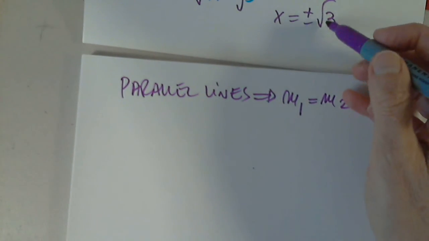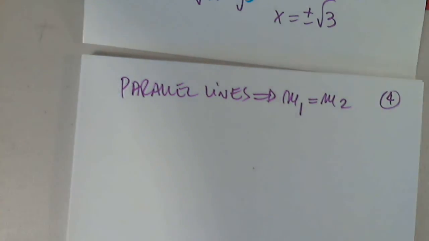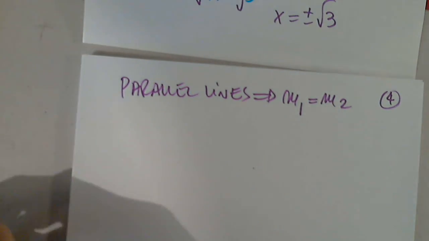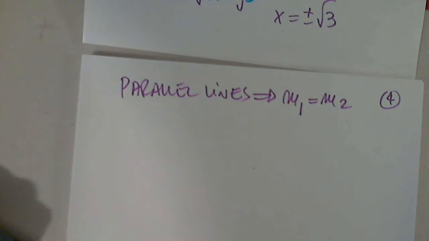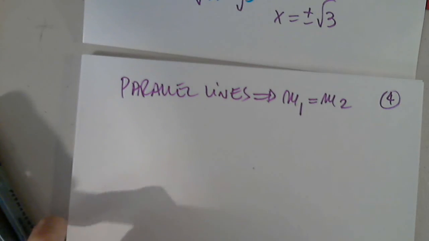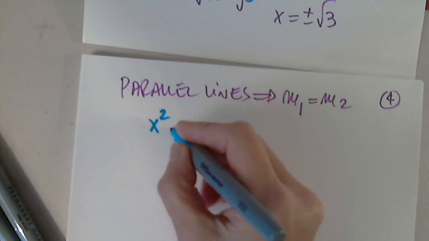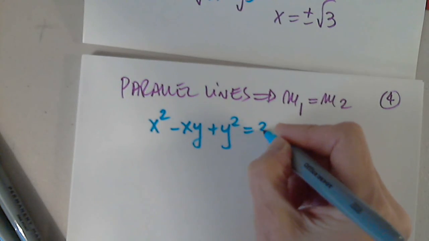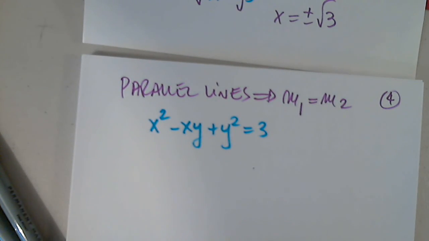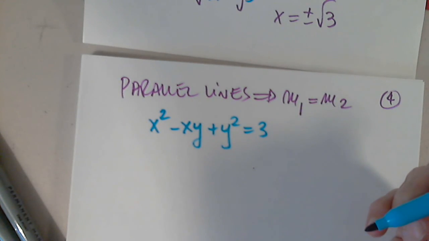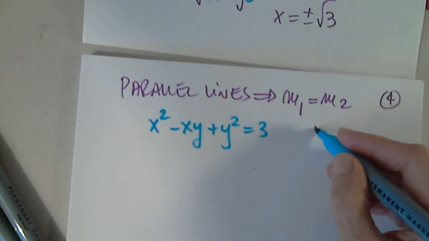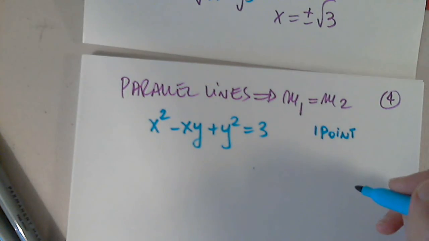What do I have to find in order to determine the slope at that point? What should I do and how should I do it? You could put the positive, negative root 3 back into the original equation, find the y value for that. But I only have 1 point, and I don't have the slope.